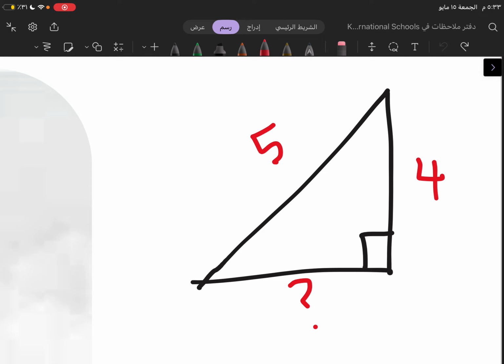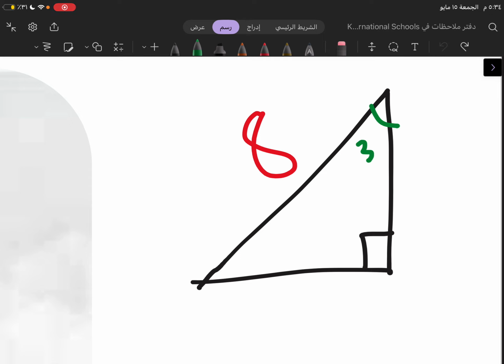In the second part of this lesson, he gives you 1 side and 1 angle, and asks you about one of the sides, maybe this or this or both. How can we find it?